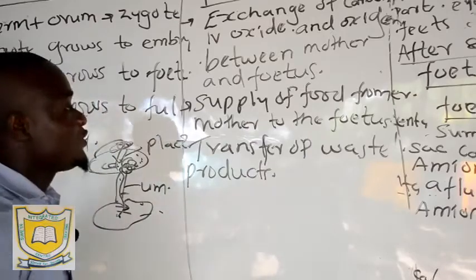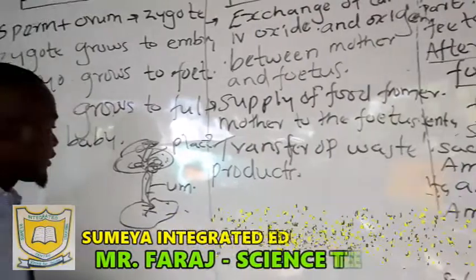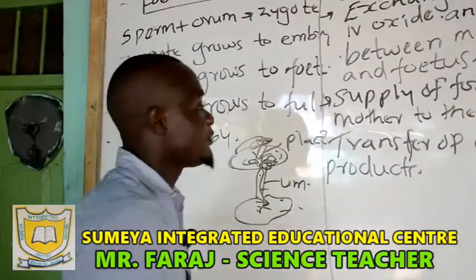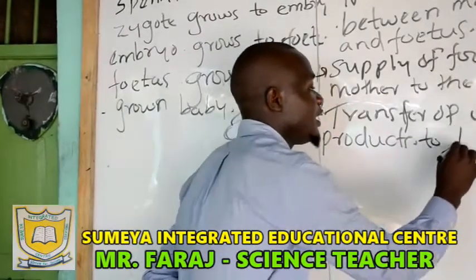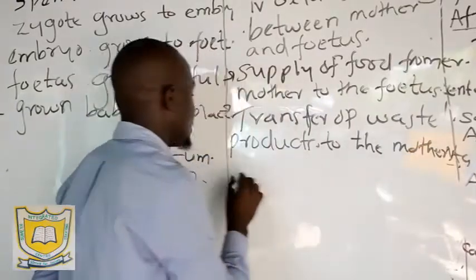Now a baby produces waste products, but those waste products cannot stay in the uterus, so they have to be transferred to the mother, or to the mother's blood.